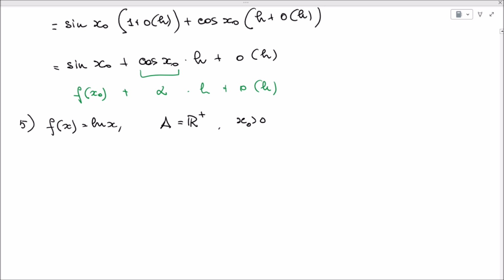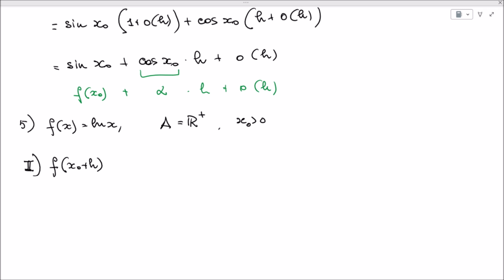When we apply the derivative, we of course refer only to positive numbers. Now let's follow the second approach first. So let's try to evaluate f of x naught plus h, and then apply the expansion.